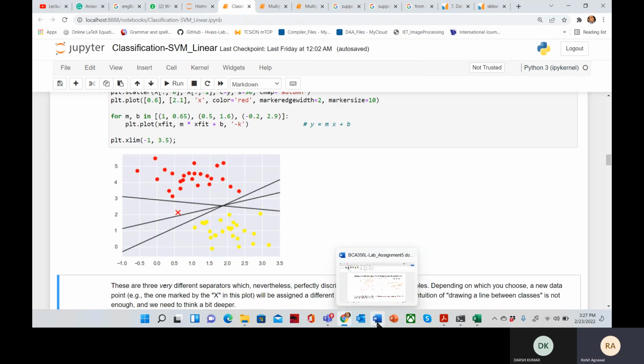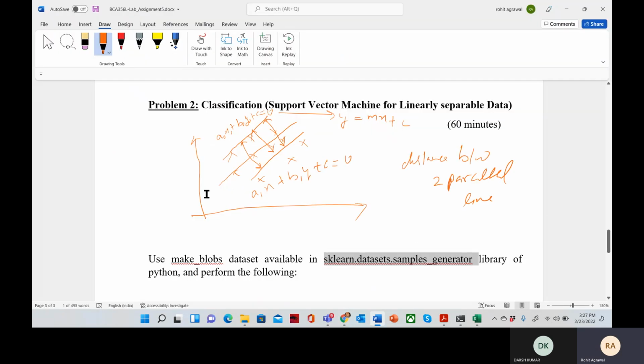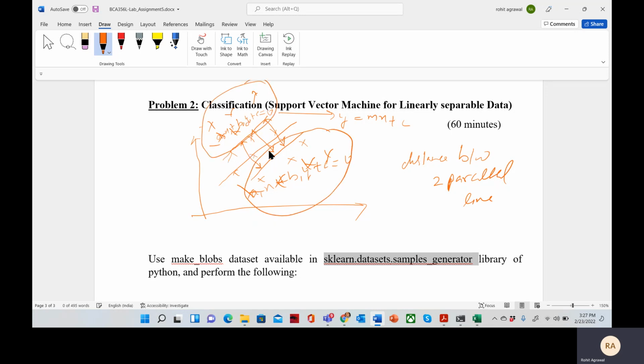Just like this one line, suppose there are some data points here, some data points here, so all the data points in one class, all the data points in another class, and this is the decision boundary. Some data points may be here, so if these are above this line, this may be in this class, below this line this may be in this class.